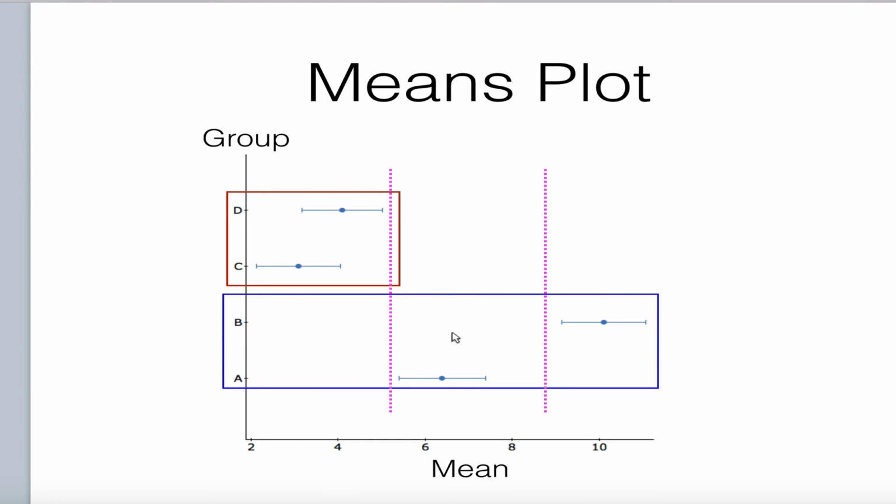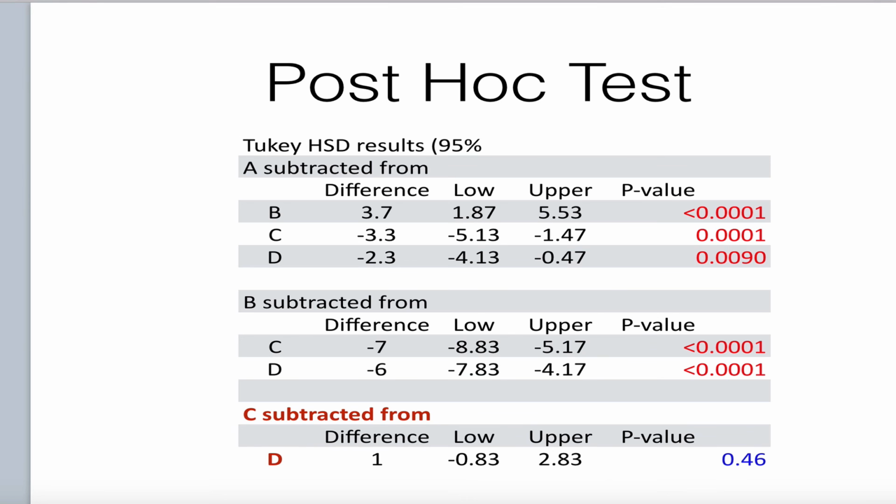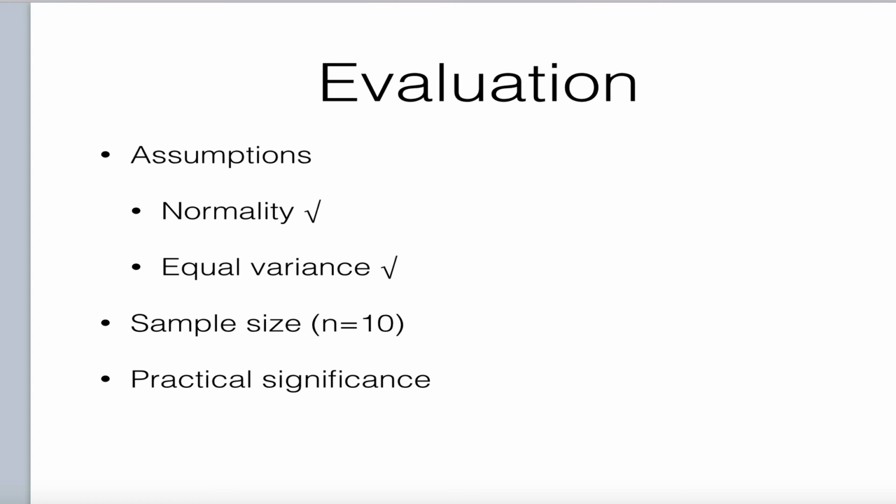So now what I've done is to plot these means using the means plot. And here you can see the mean for A, and then this is, I think, 2 standard deviations on either side of the mean.